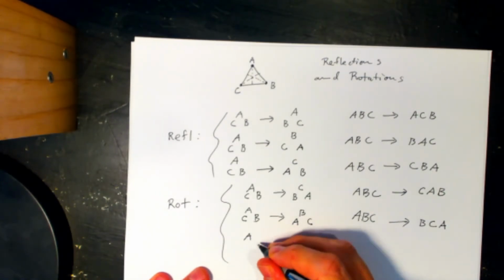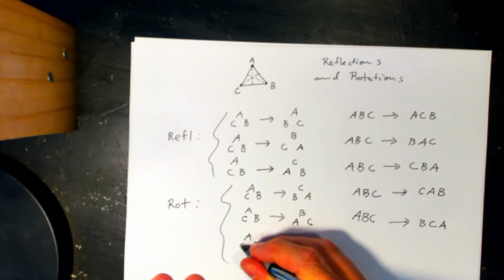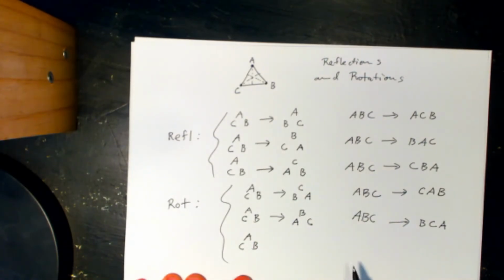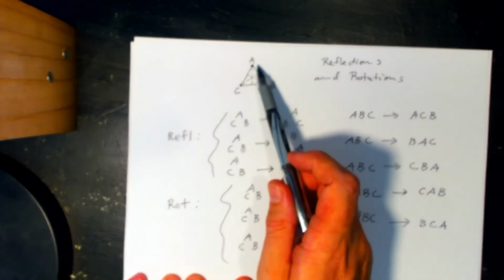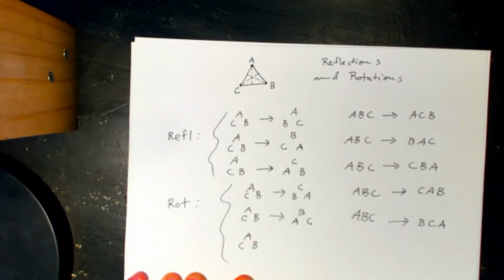Okay, next, let's see, can we rotate counterclockwise? So that would have us put A in the bottom left, B and C, so that's the same as that one.